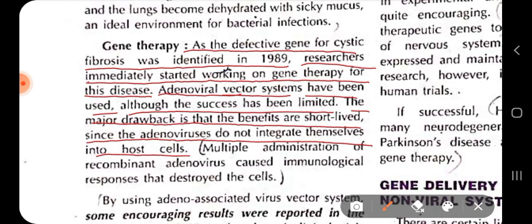So we can use adenoviral vector system by using their genome. The non-essential part of the adenoviral genome is removed. In that place we use a therapeutic gene. Here the therapeutic gene is the CFTR gene, because that gene defect leads to cystic fibrosis, and then it is allowed that adenoviral vector to be properly integrated into the target cells.